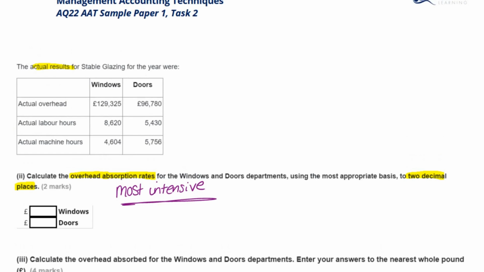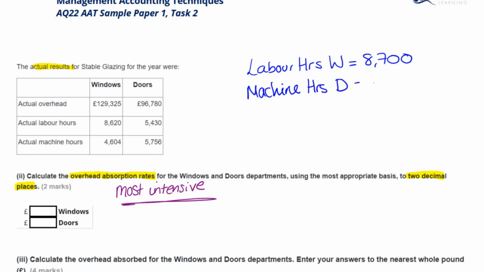So I'm just going to write up here labour hours for windows, machine hours for doors, so we've got those figures to hand.